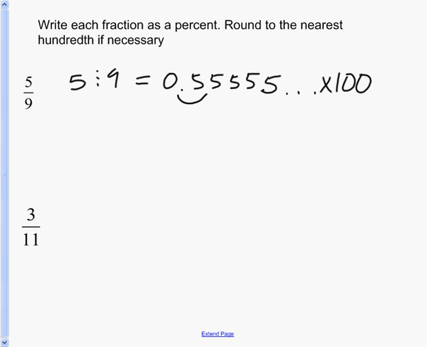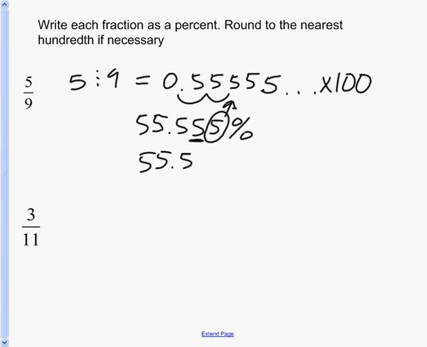So multiplying by 100, I scoot my decimal to the right 2 to get 55.555%. And again, I wrote out 3 decimal places there because we're rounding to the nearest hundredths. So we're rounding to the 5 I underline, and so we're using that thousandth. Since that thousandth is 5, 5 is equal to 5, so we're going to round up. So our final percent is 55.56%. So this second 5 went up.